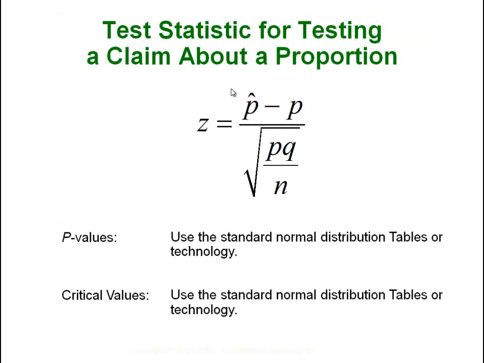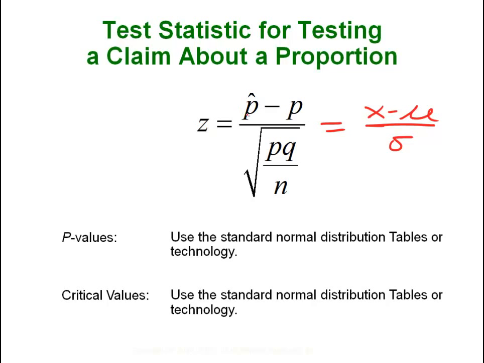Here's the test statistic. Always good to see it and understand it, although we're going to let technology do the heavy lifting for us. But just some things to remind ourselves of, that this is very similar to the z-score that we've seen before of x minus mu all over sigma, right? x being the thing that we have, mu being the thing that it's measured against.